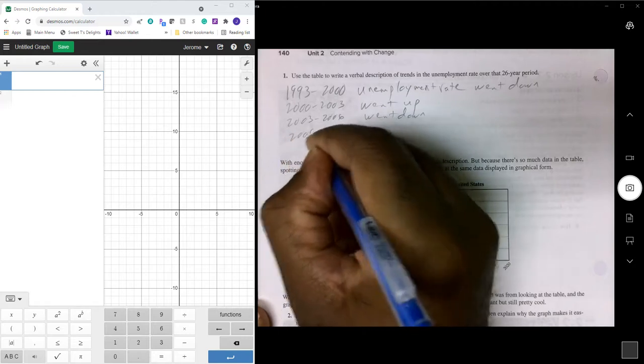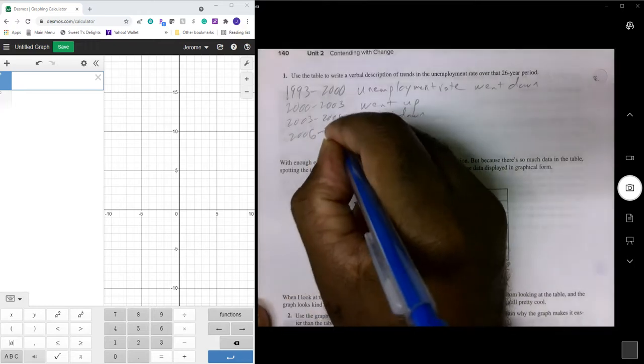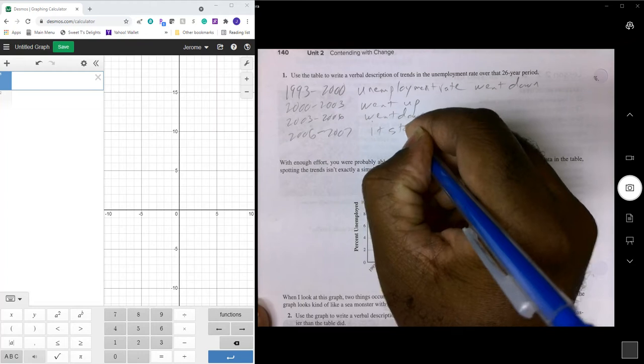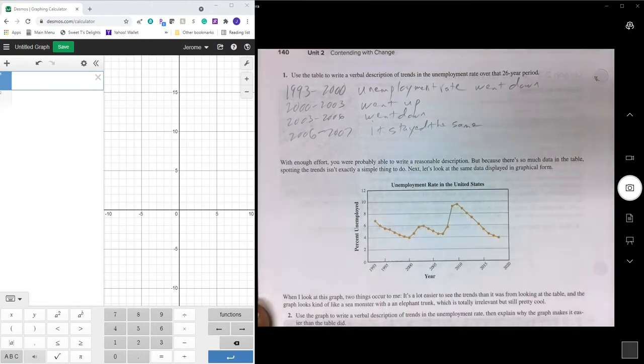From 2006 to 2007, it stayed the same. It stayed the same value.